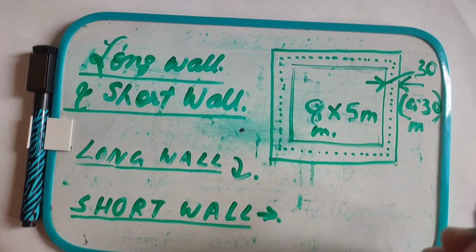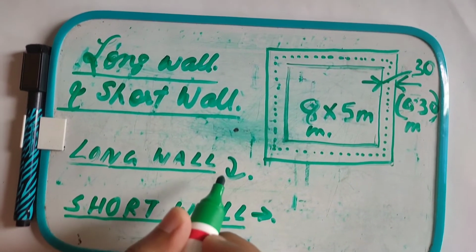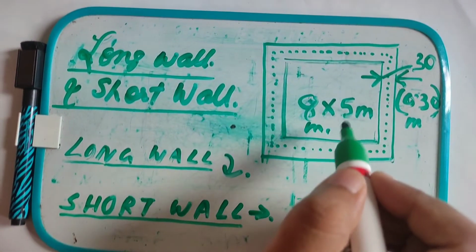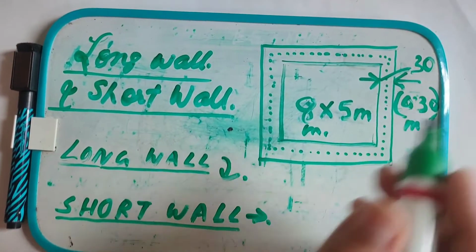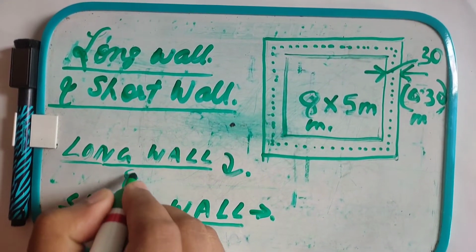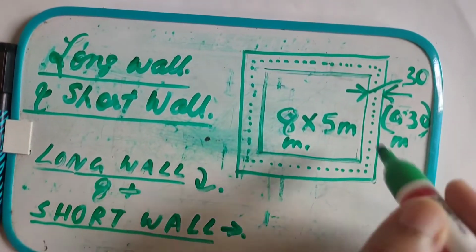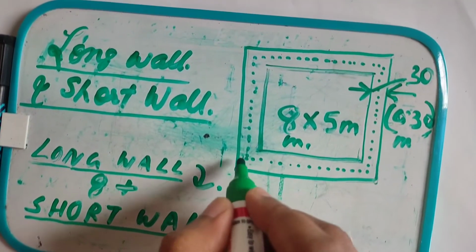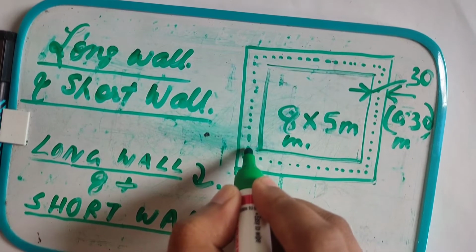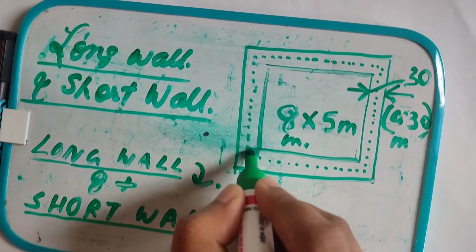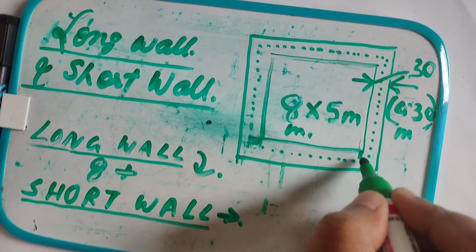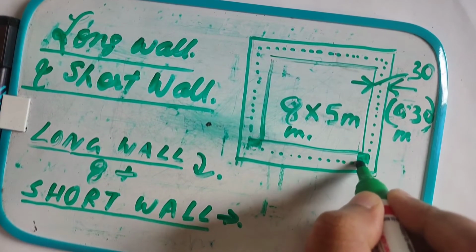So now for long wall calculation, as 8 meter is the long wall, means this one and this one, 8 plus this part also and this part also.